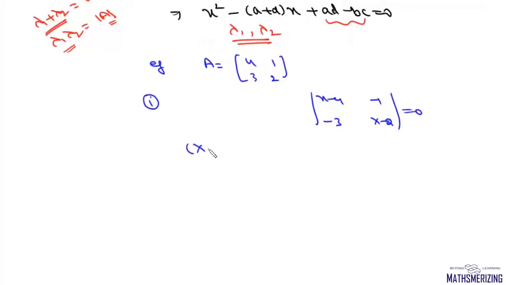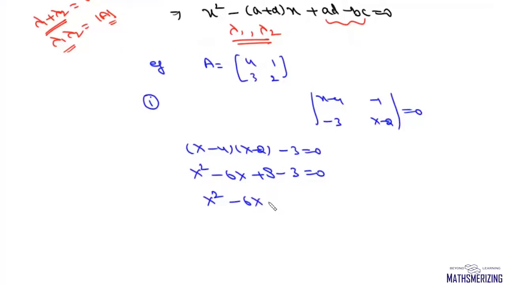We'll get (x minus 4)(x minus 2) minus 3 equals 0. So we'll get this equation as x square minus 6x plus 8 minus 3 equals 0. So it'll be x square minus 6x plus 5 equals 0. So that is the characteristic equation for this given matrix A.